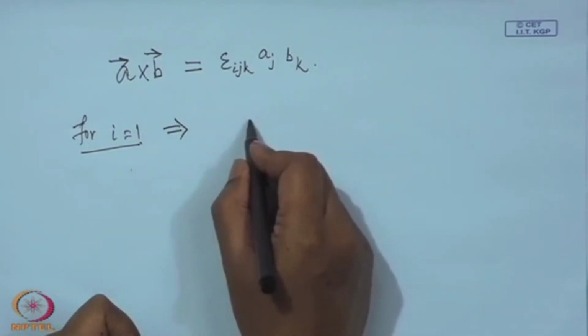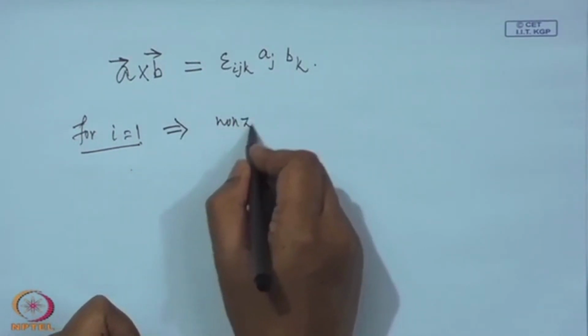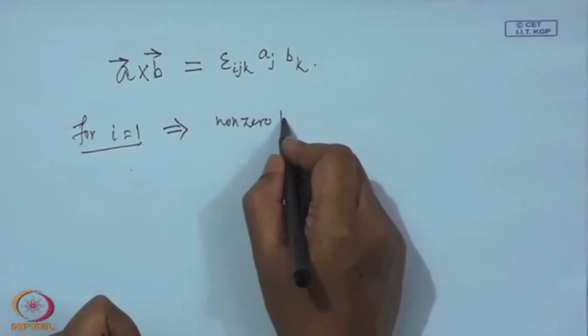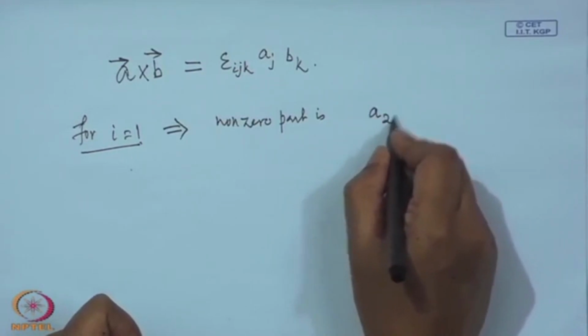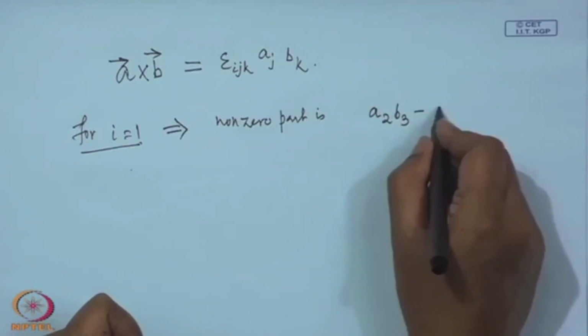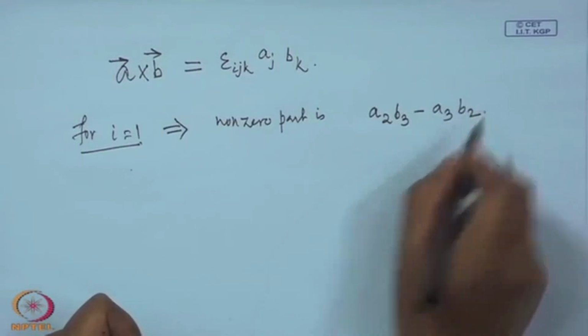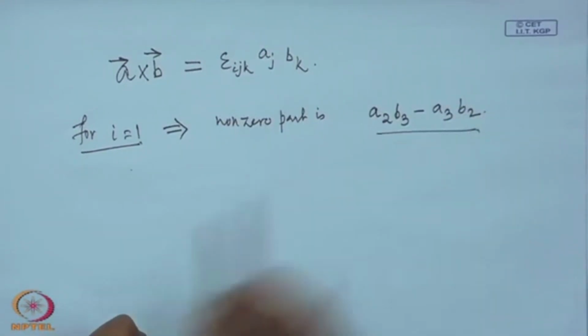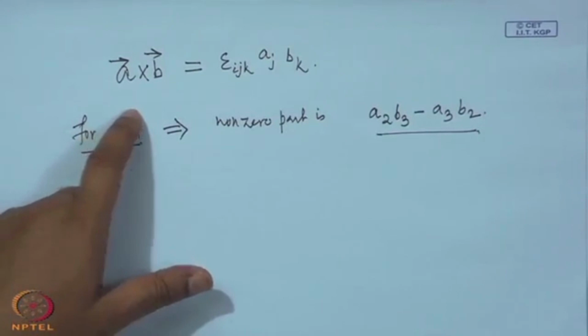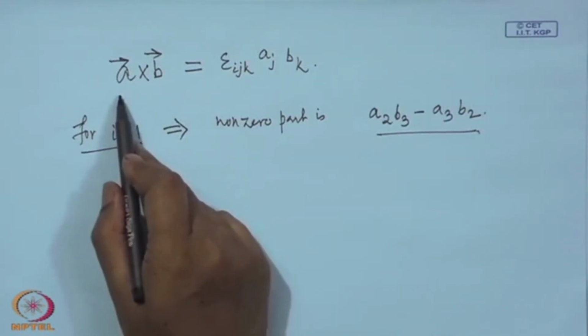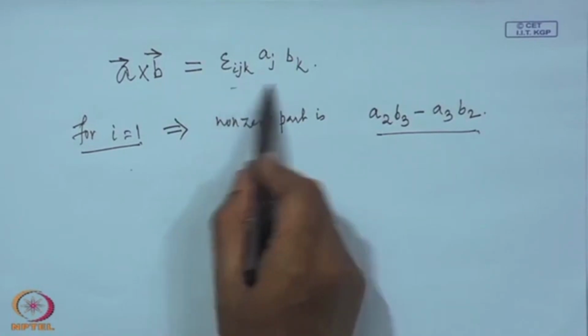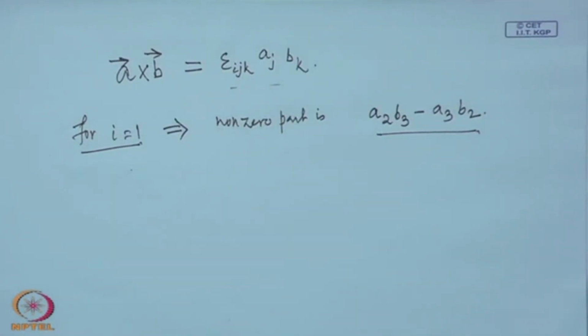So, the non-zero component is A 2 B 3 minus A 3 B 2. Is it not the ith component of A cross B? Similarly, you can check the others. So, a vector product is denoted by this notation epsilon ijk A j B k.